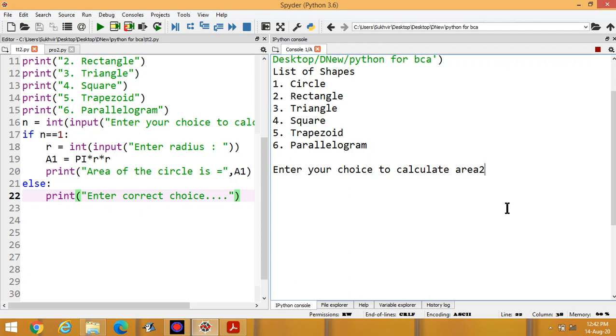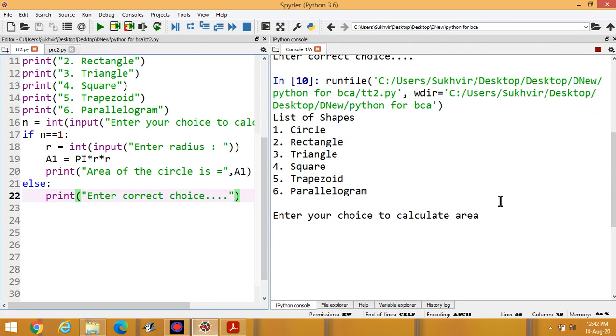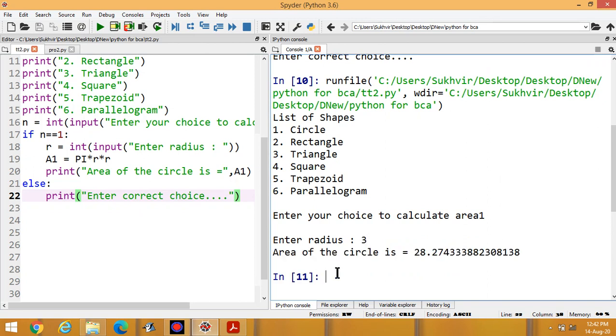Suppose I enter 2 here, "enter correct choice" because the second block is not there. I am executing the program again. Suppose I enter 1 here, enter radius 3, then I can print the data, area of the circle as.